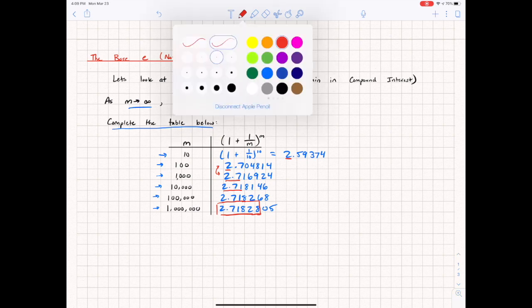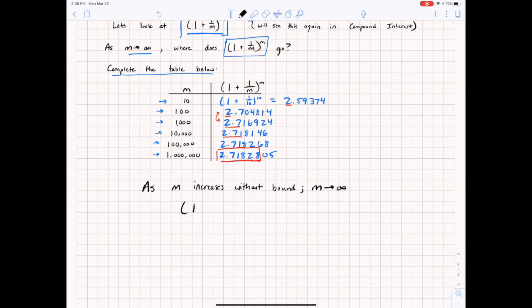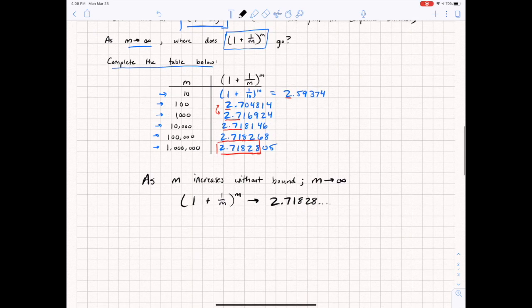Our conclusion is that as m increases without bound, aka we're letting m go to infinity, this expression (1 plus 1 over m) to the m starts to approach this very special and unique value where these decimal places just continue to become fixed. And how I picture this, to give a better explanation, is I like to imagine you've got a wheel of digits.